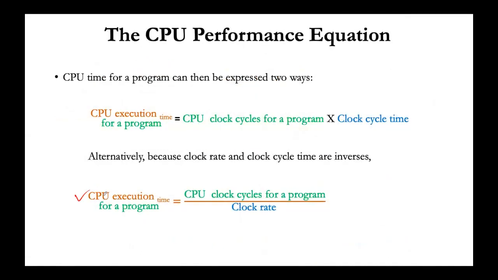To improve this execution time, that means what? Either you can... this is the execution time increasing, means your clock rate is decreasing, right?